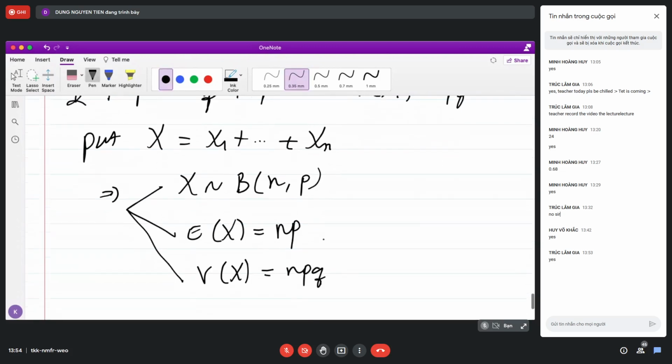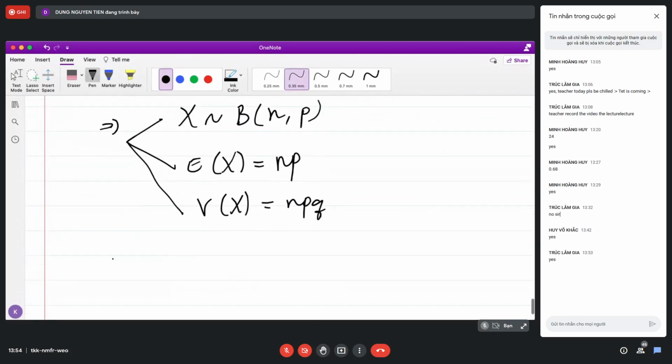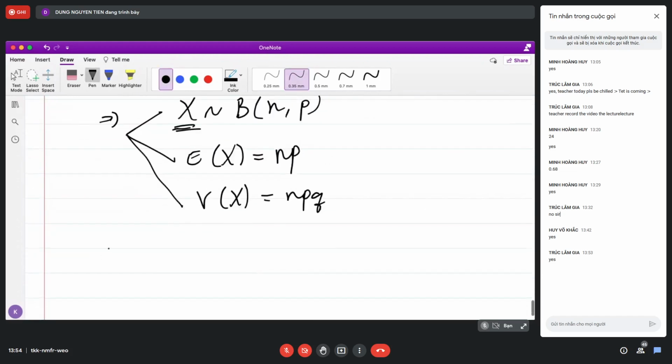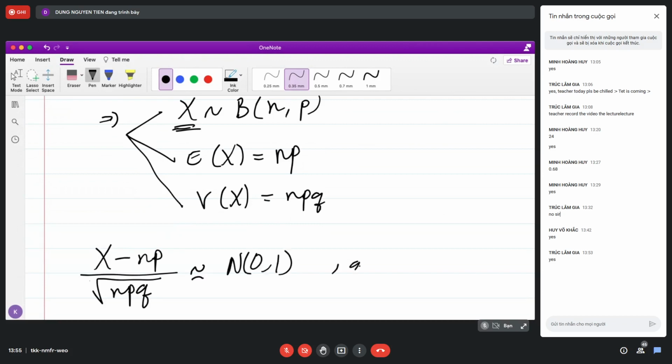So we know that if I standardize the random variable X, I can approximate it by the standard normal distribution. So X minus np over the square root of npq approximately follows the standard normal distribution when n is big enough.